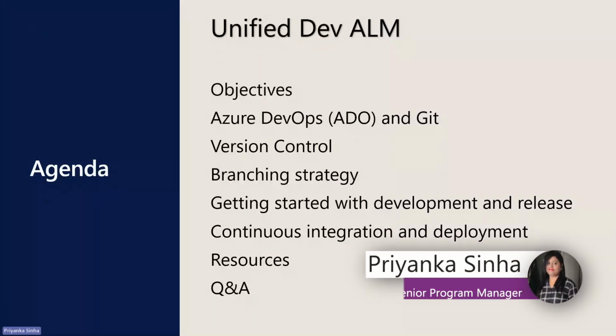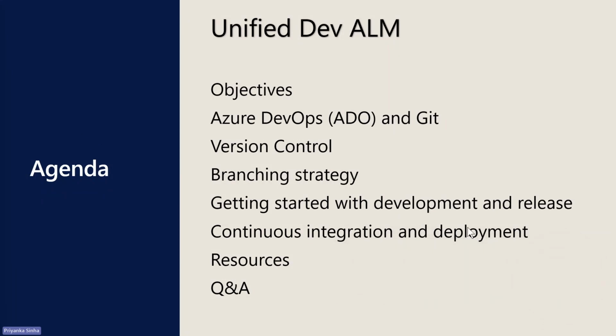Thanks, Taka. Hello, everyone. So in this session, we will introduce you to the Unified Dev ALM, starting with the first step of ALM, which involves beginning with Azure DevOps configuration. Throughout our discussions, we will be using Git as our version control system for all the topics and demonstrations.